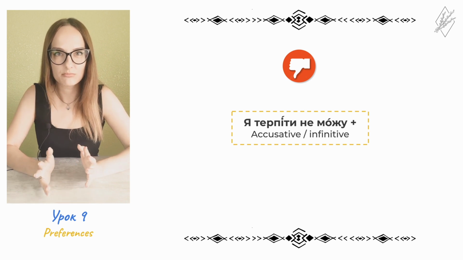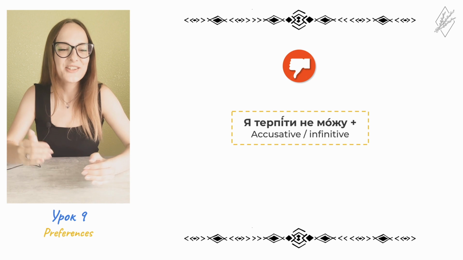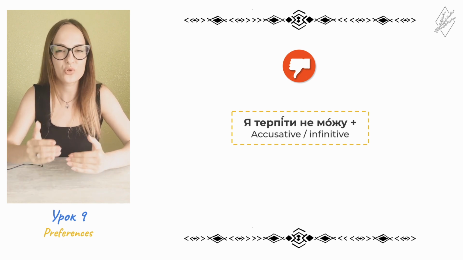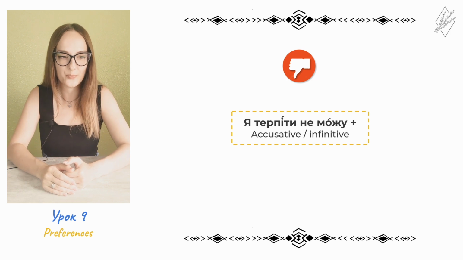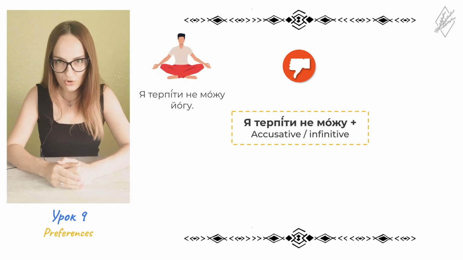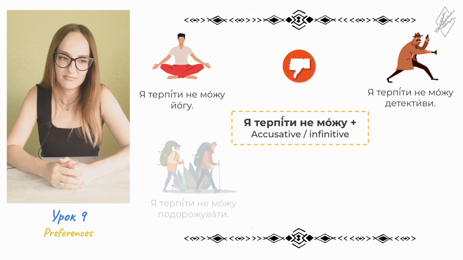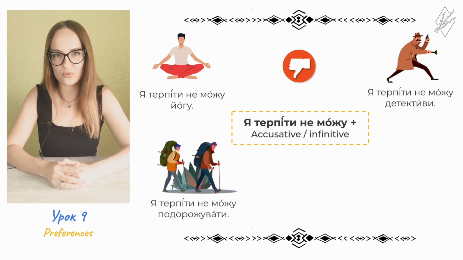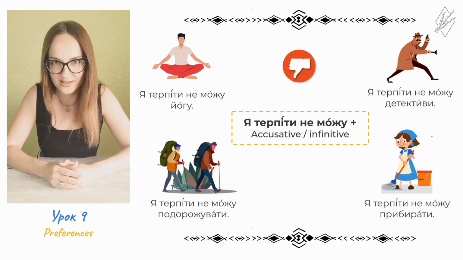It could be used in both orders, plus accusative case or infinitive of the verb. Я терпіти не можу йогу. Я терпіти не можу детективи. Я терпіти не можу подорожувати. Я терпіти не можу прибирати.